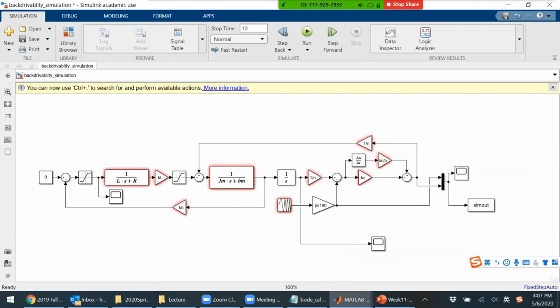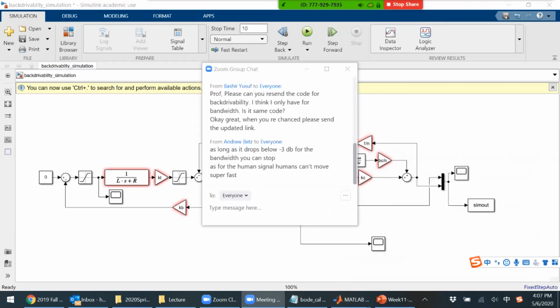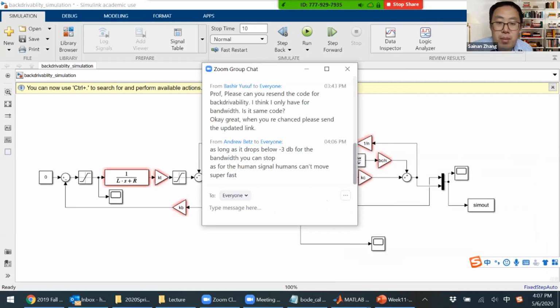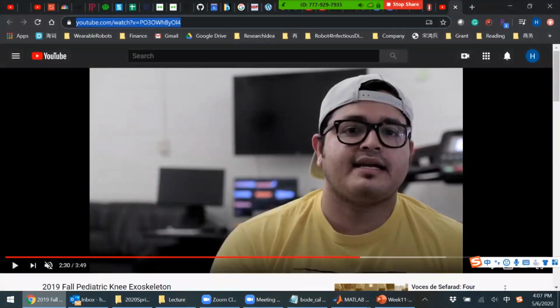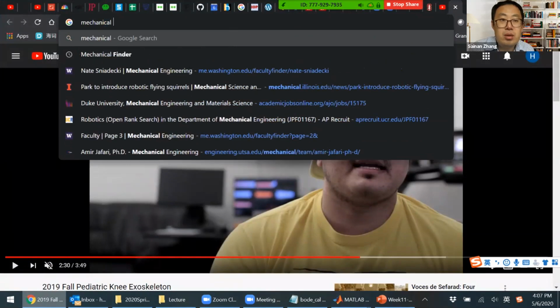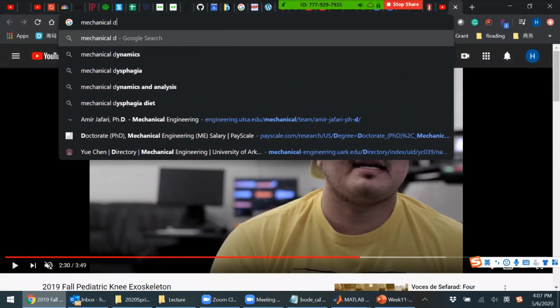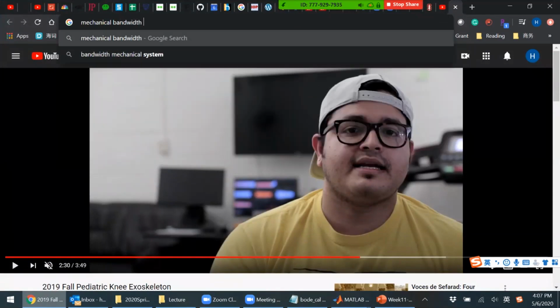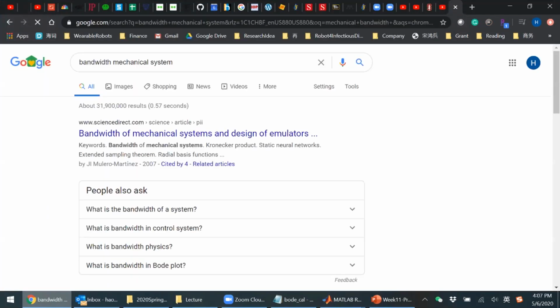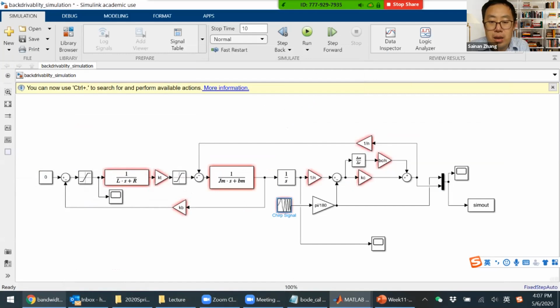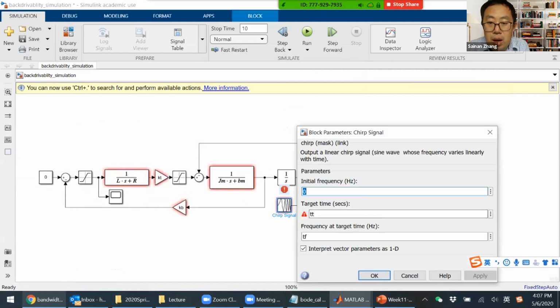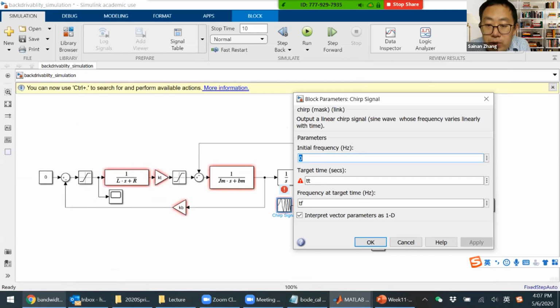Two more questions. Let me see what the questions are. Is there a range of motion for the chirp function, like should there be a maximum and a minimum angle that we apply to it? In terms of physical indication, yeah, you can. I'm not quite sure how they define this.